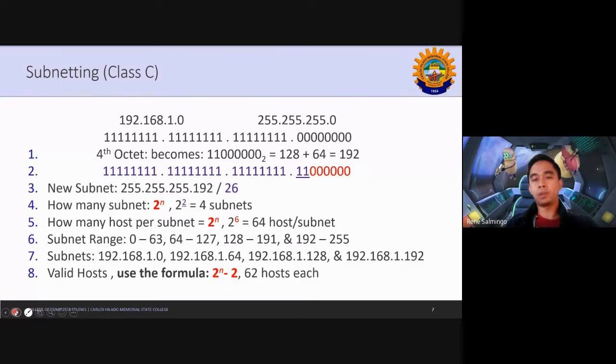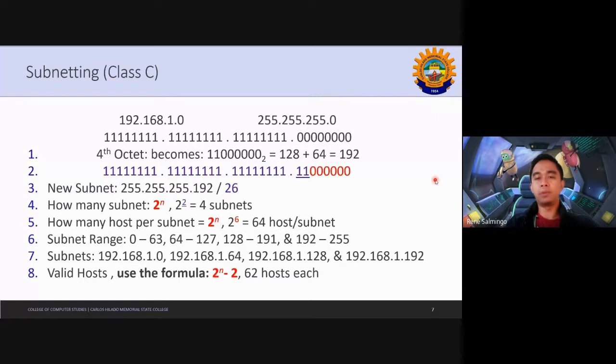Your number of subnet bits, n, are from this point to this point. We have 2. If you use the formula, you will be able to determine how you are going to divide the values of each subnet. So you will have 4 subnets.